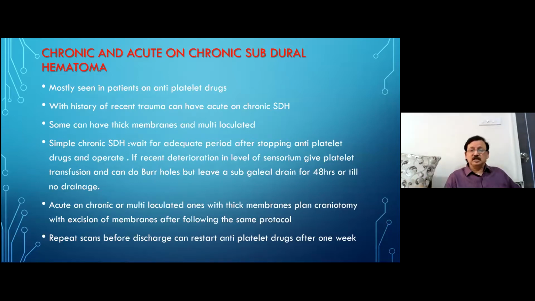A small mini craniotomy is done, the membranes are excised and the clot can be evacuated. If you have an endoscope in your hospital, it can be used to look for corners where there is a hematoma. Those can also be evacuated with endoscope assistance. Repeat scans before discharge and restart antiplatelet drugs after 1 week.